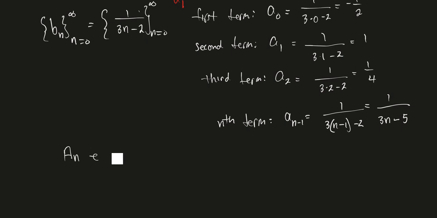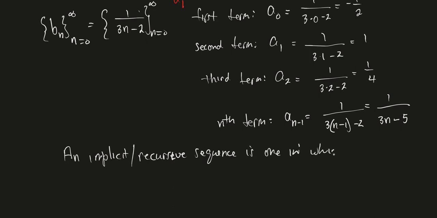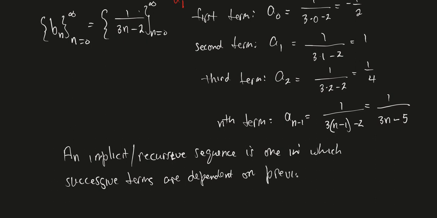An implicit or recursive sequence is one in which successive terms are functions of, or let's say it this way, are dependent on previous terms.